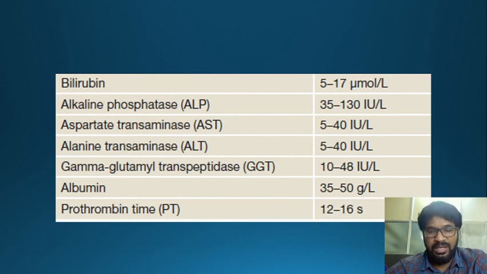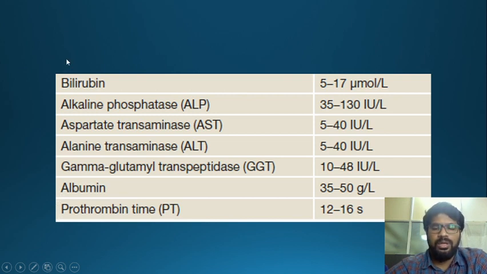So the actual synthetic function of the liver can be assessed by measurement of the serum albumin and the prothrombin time. The liver synthesizes the proteins albumin and the clotting factors, which can be reflected in terms of the prothrombin time.